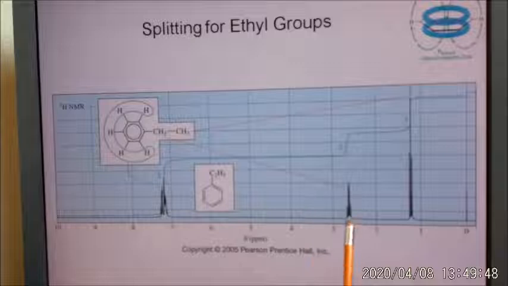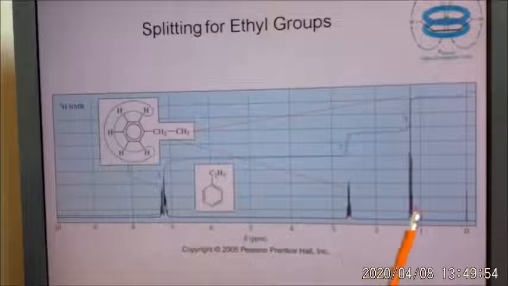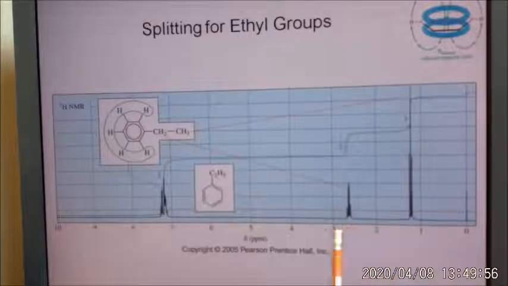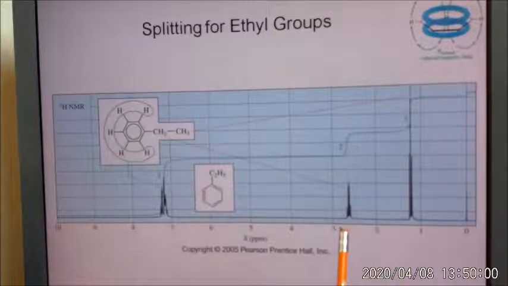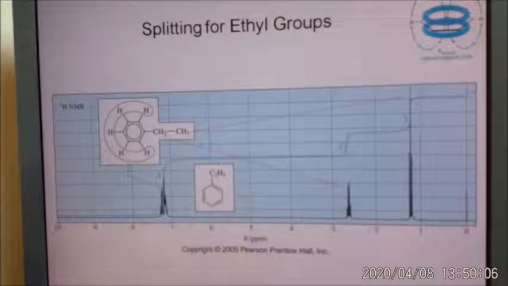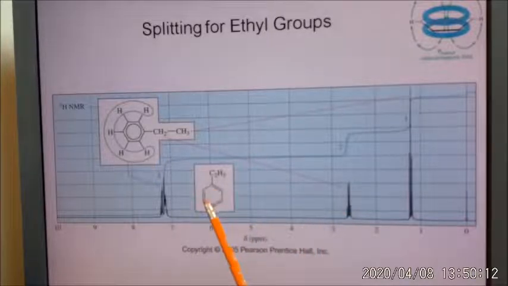So this looks like an ethyl group, CH2, CH3. This is split by the CH2, that's split by the CH3. Now, if I have a CH2, CH3 group, then the question is, what else is attached to this, but it can't have protons on it? The only thing that could be attached to this that still makes sense for this is my aromatic ring.